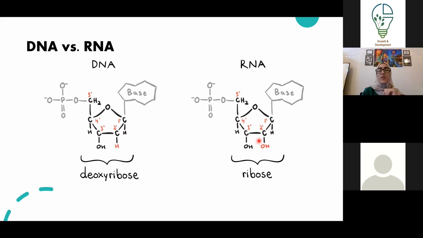But then when you look at the ribose, there is an OH. It's a whole hydroxyl group. And this is why this is called the ribose pentose sugar. So in case of RNA, it's a ribose. And in case of DNA, it is a deoxyribose. Deoxy meaning the oxygen has just been taken out, knocked out. Okay? And that's the first difference.